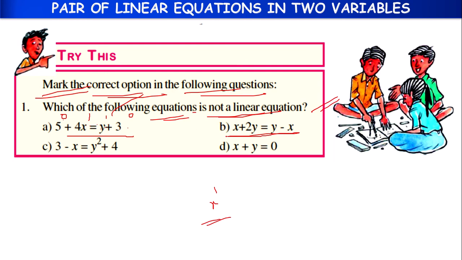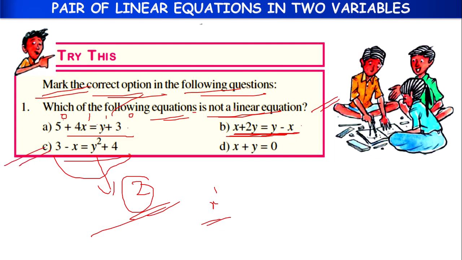This is also x plus 2y, a linear equation in two variables. But in example C, we have y square whose power is 2, which is not a linear equation. So option C is not a linear equation. The fourth one has power 1, a linear equation.